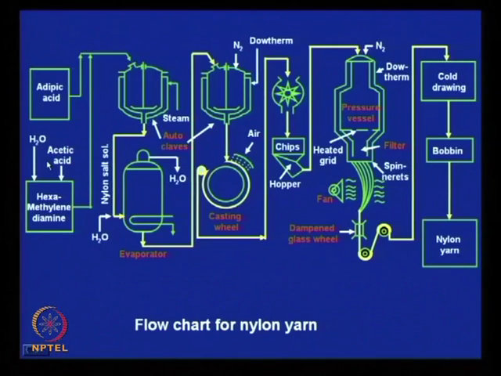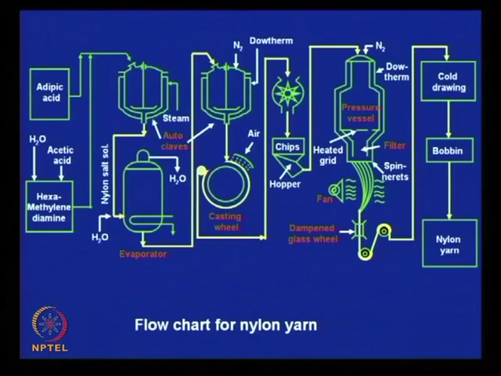If you add acid to an amine, say aniline and HCl, aniline hydrochloride is formed, that is aniline salt. Likewise, in this case hexamethylene diamine, when it is mixed with adipic acid, hexamethylene adipamide salt is formed.